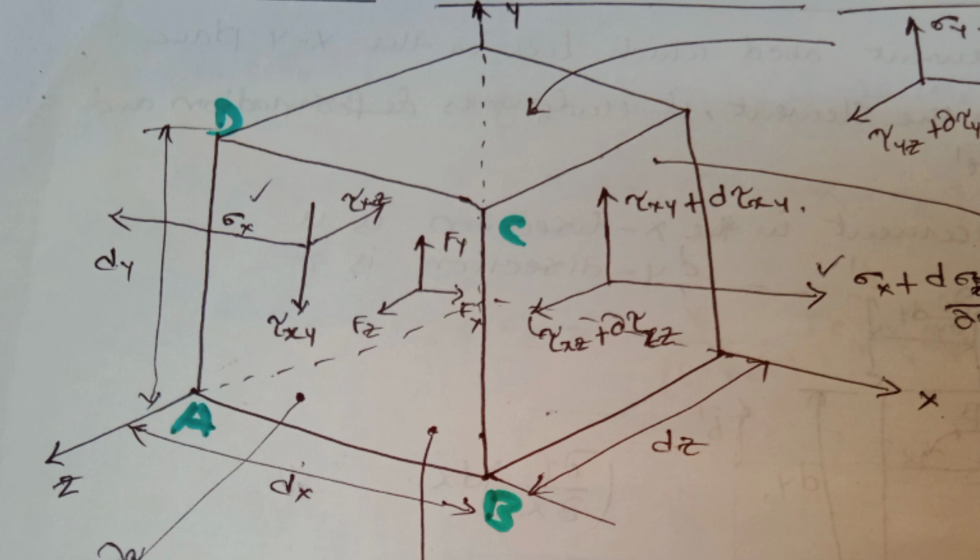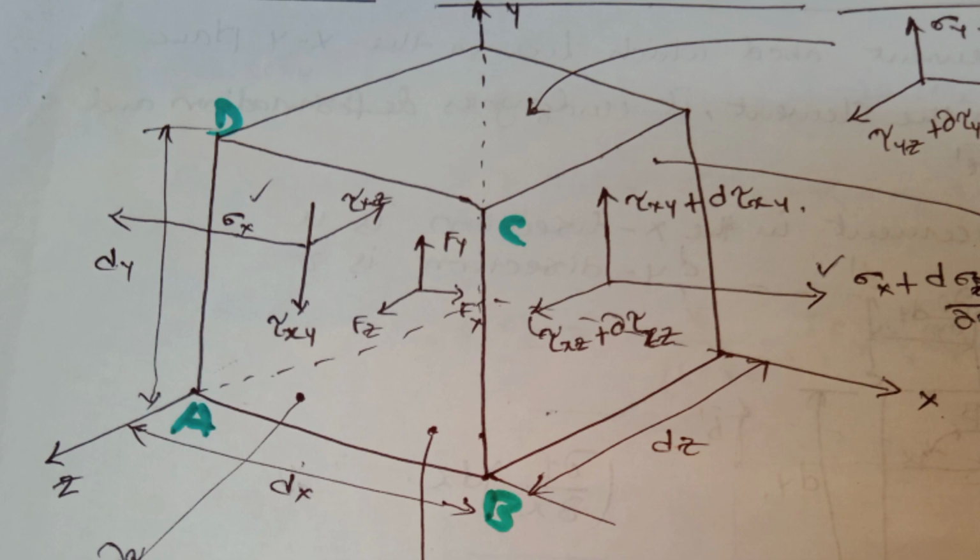The diagram shows the 3-dimensional unit cell with the induced stresses. Out of this diagram I am taking one particular element because I am going to derive the relationship in 2 dimensions.